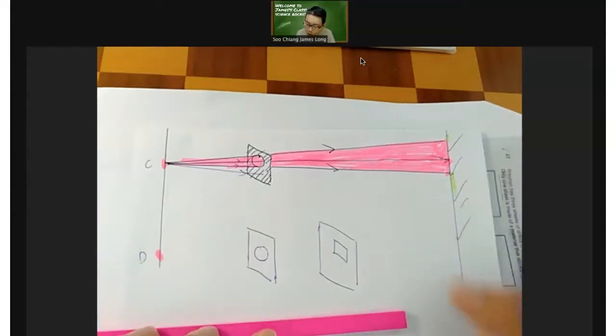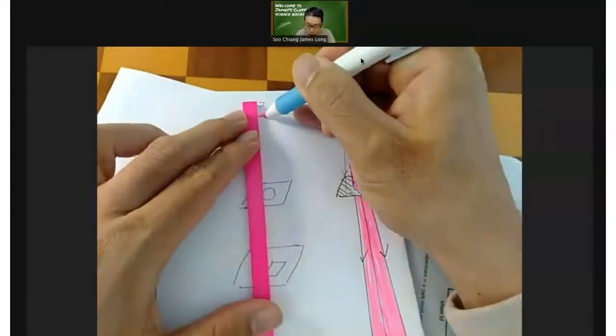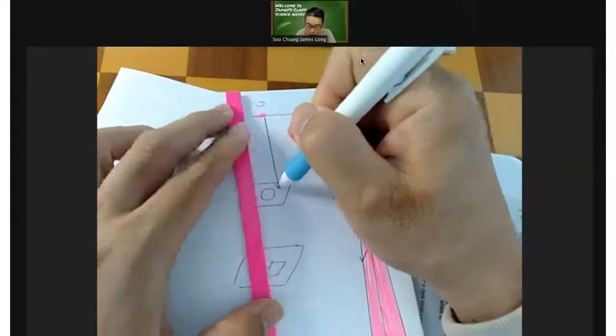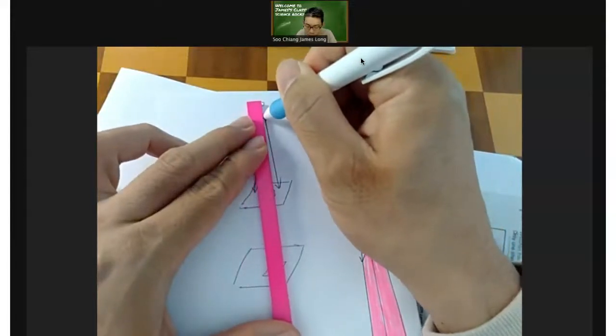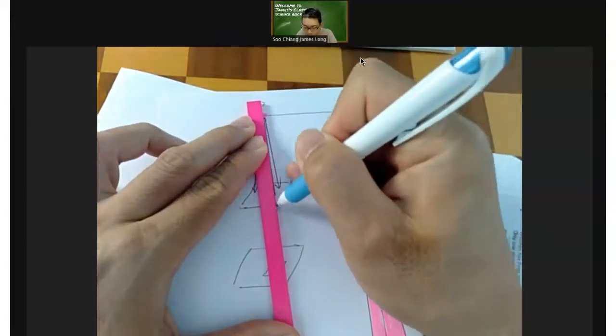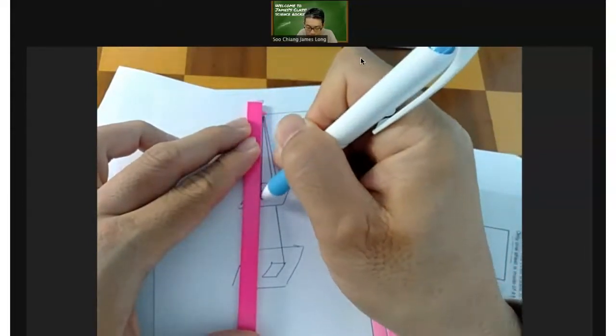Alright, so let's draw this out for you to see. Light that passes above, of course, will be blocked, so you cast shadows. We are concerned about the light that passes through the center portion, through the hole.